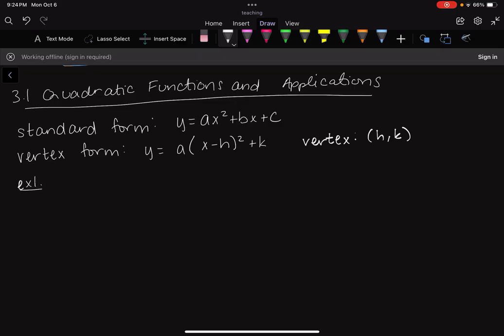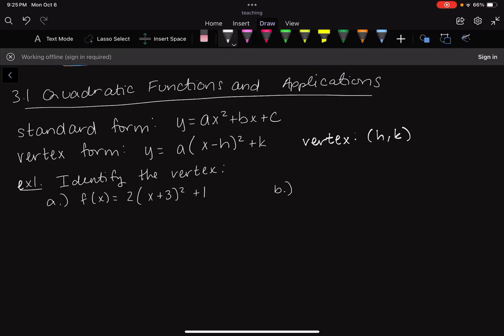Example 1, identify the vertex. And we'll do part A. I'll do f of x equals 2x plus 3 squared plus 1.